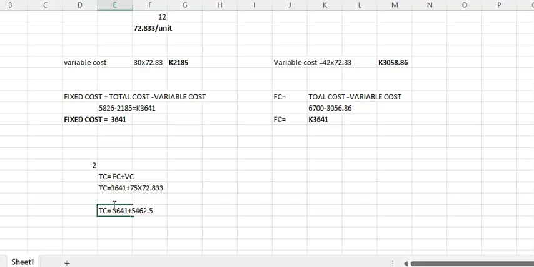We now add 3641, and our total cost would be 9,103.5. Let me put a K that side.